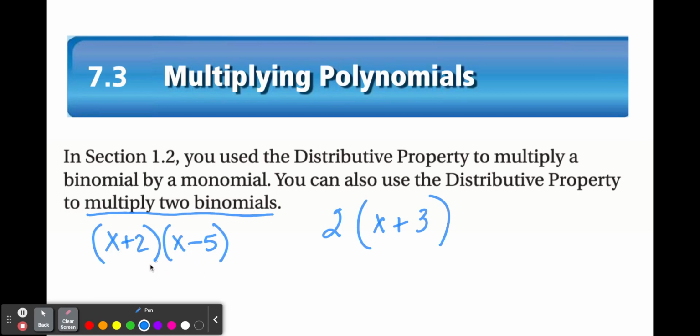They could be z's or p's or l's or n's, whatever they are. But we use the distributive property. We may even use some tables, but we have to take extra caution that each term in the binomial gets multiplied by each term in the second binomial.